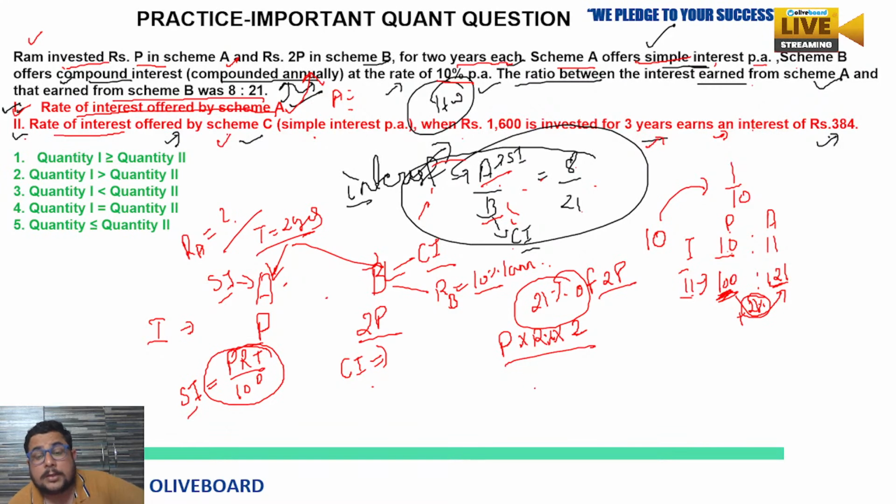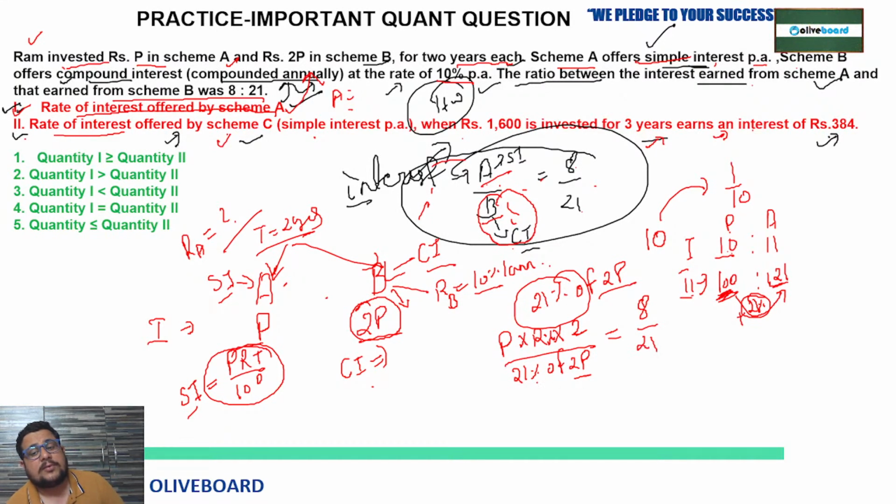Now on compound interest, how much interest are you getting? That is going to be 21% of 2P, because 2P is the principal invested in scheme B, the amount he invested, and this ratio is 8:21. So from here you can easily calculate now. 21 and 21 cancel, percent and percent cancel.